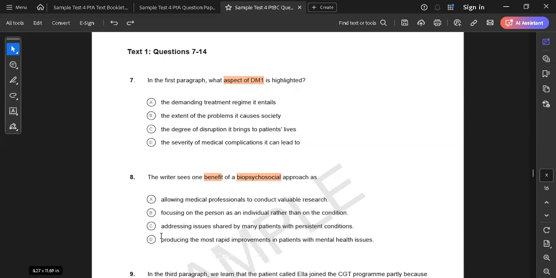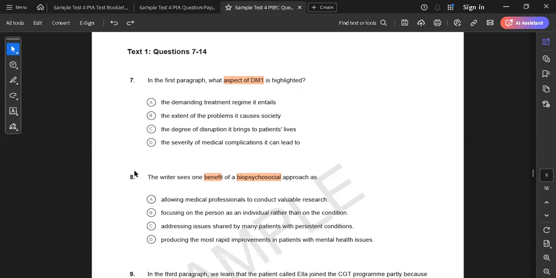Now for question number 7, you are wrong on question number 8, but let me explain 7 also. In question number 7, what you are supposed to do is read the question before the passage. In the first paragraph.